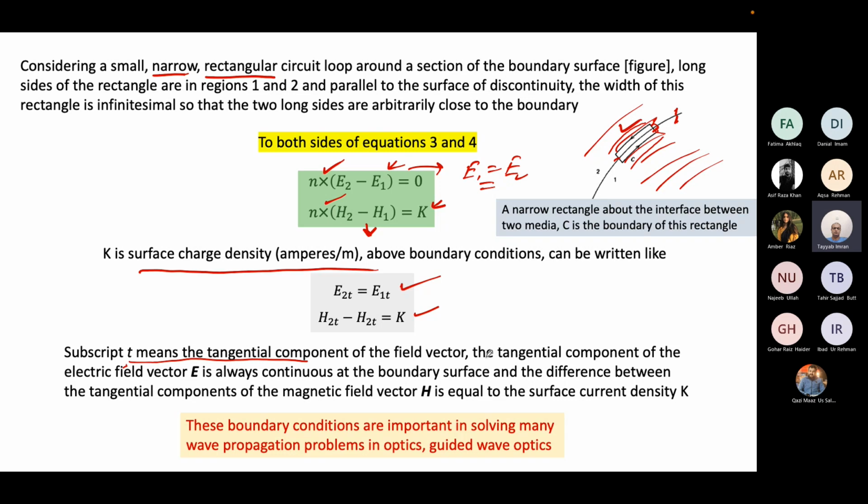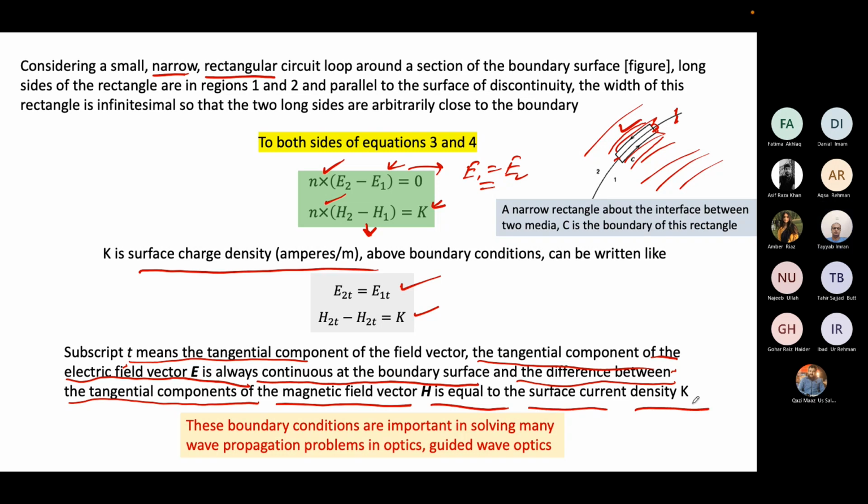So what it says is that tangential components of electric vector E, electric field, is always continuous at the boundary surface, ठीक है. And the difference between the tangential components of the magnetic field H is equal to the surface current density K. So कितनी density मतलब करंट की जो है उस सरफेस पे है, it depends on that one, ठीक है.